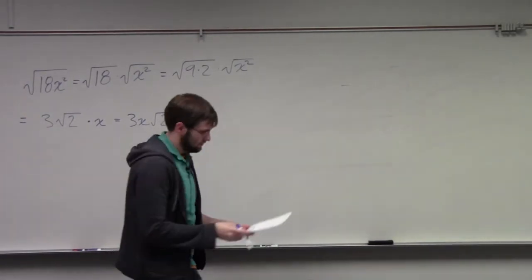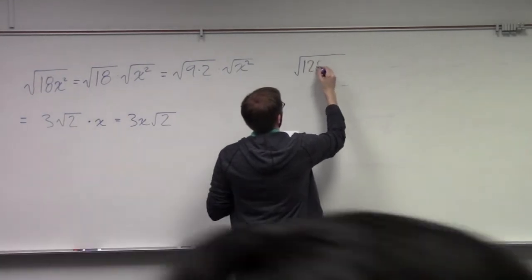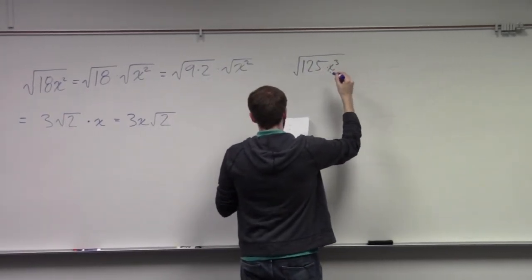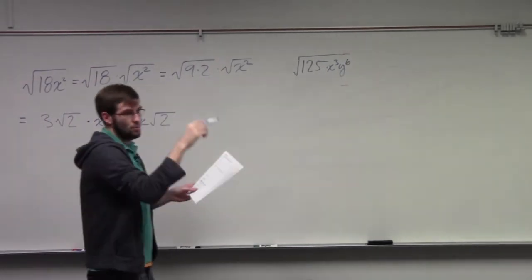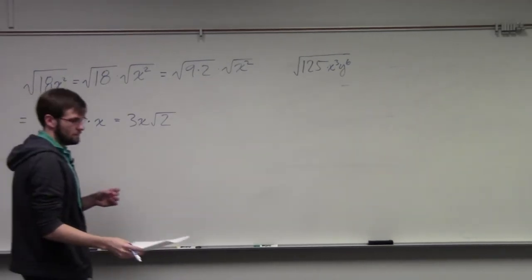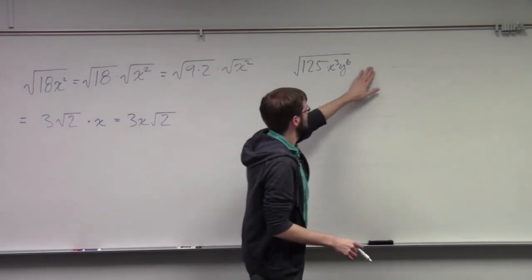All right, so let's do another one. I have the square root of 125x cubed y to the 6. I'm just moving down the column. Let's separate my letters and my numbers.